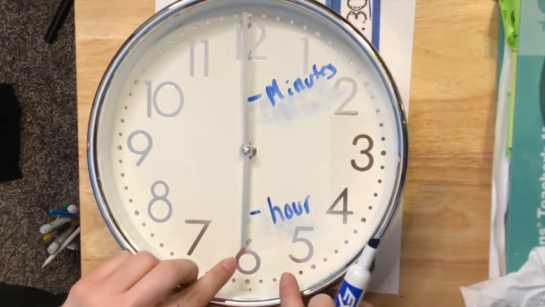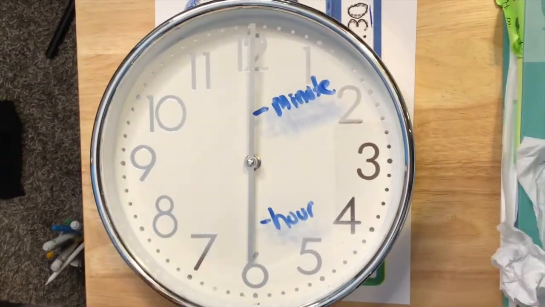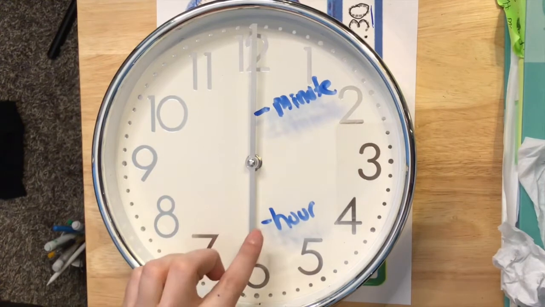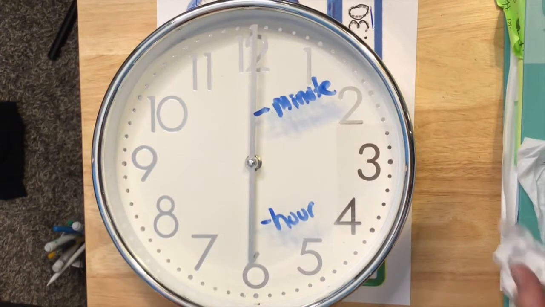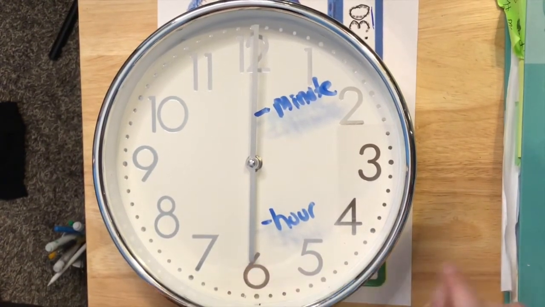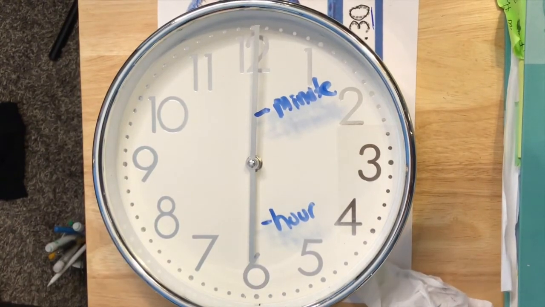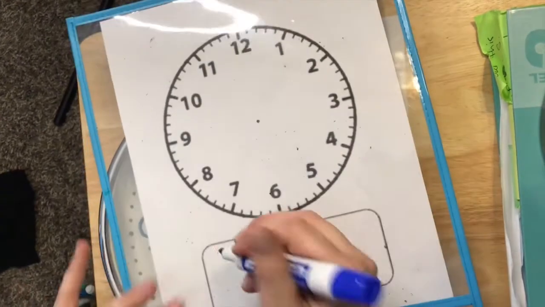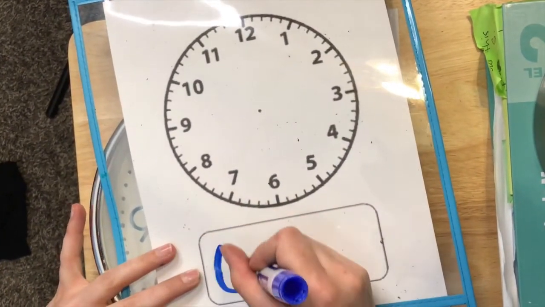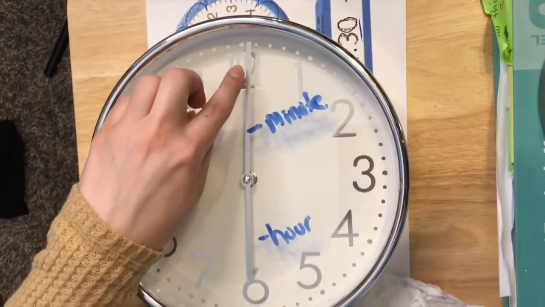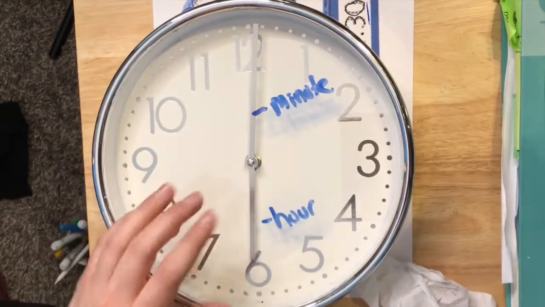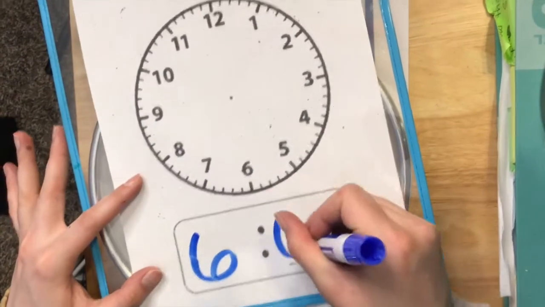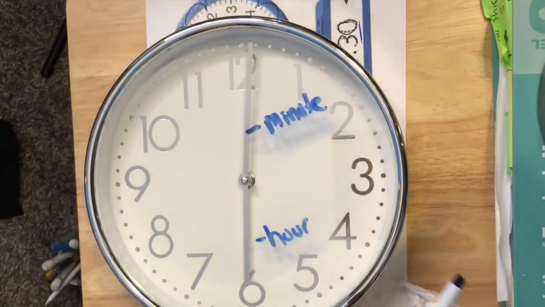That shorthand is the hour hand, and that long hand is the minute hand. So when I see the shorthand, I'm going to say it's 6 o'clock. Let me write that on my digital clock over here. I see the shorthand on the 6, so I'm going to write the 6 over here, and then I see that longhand, or the minute hand, on the 12, and we know that when it's on the 12, it is going to be 0 minutes. So in this case, it says 6 o'clock on this clock here.